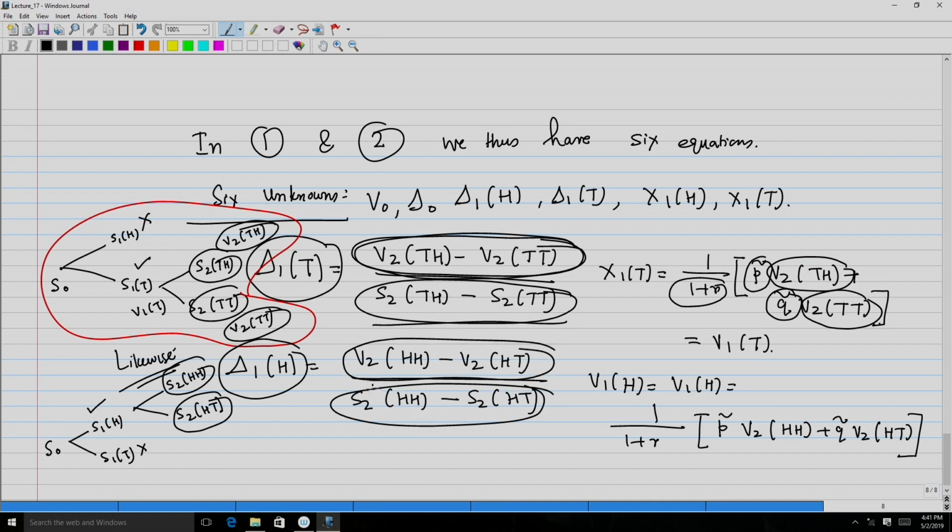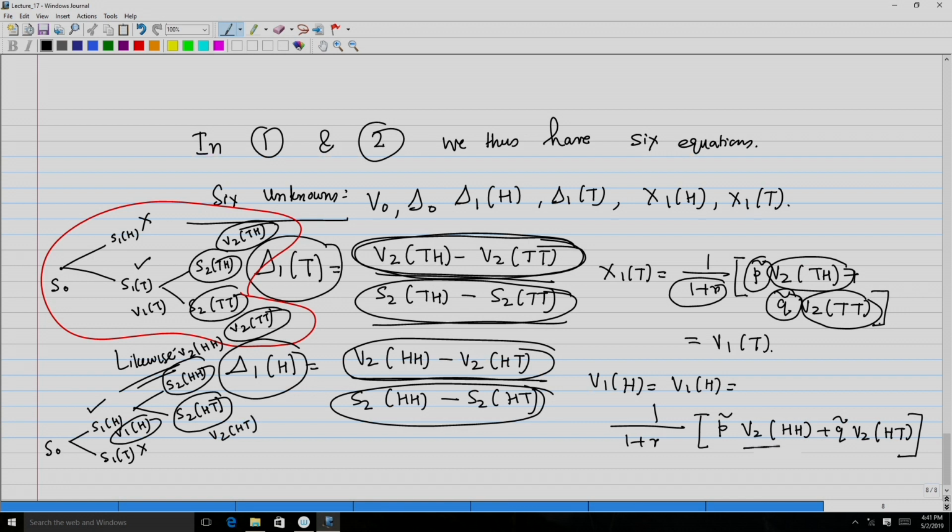So, it is the corresponding difference that you see in the denominator, and what is going to be the value V1 of h? The value V1 of h will be the discounted value of the expected value of V2 of hh and V2 of ht.